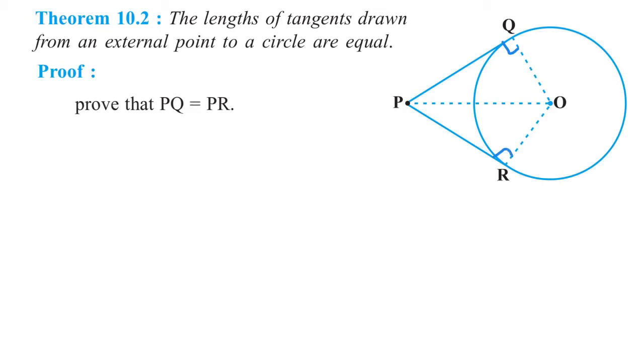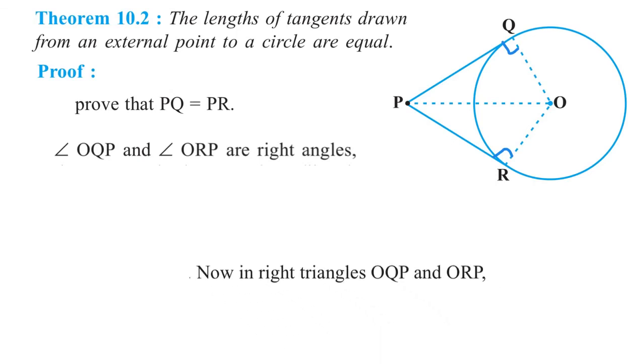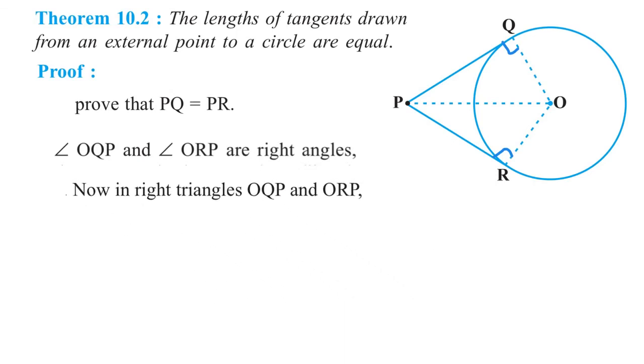So, angle OQP and ORP are right angles. Now, in triangles OQP and ORP, we will consider these two triangles.